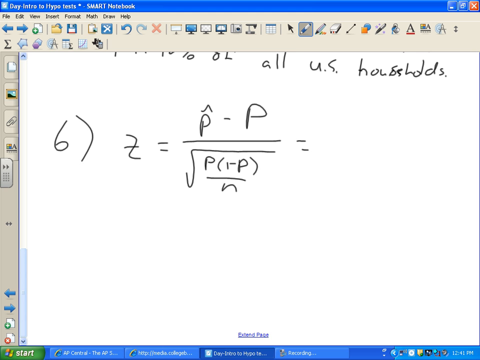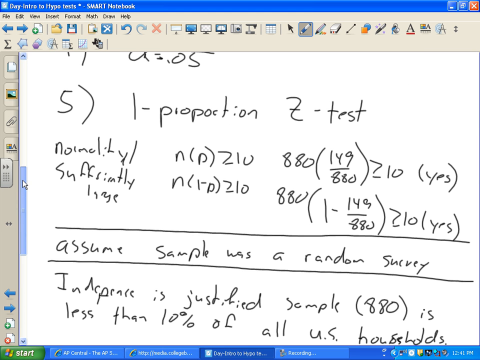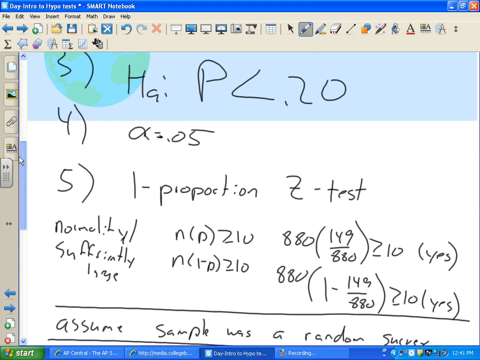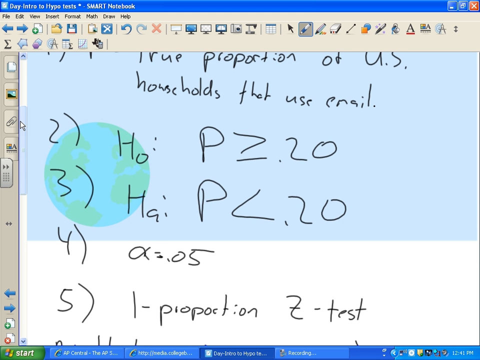My p hat, that's my sample, 149 over 880. My p is from my null hypothesis. Here's the deal. My null hypothesis is what I'm assuming to be true without evidence.